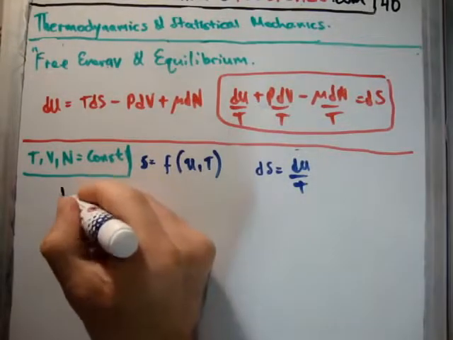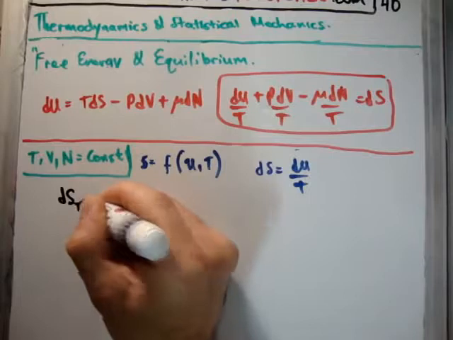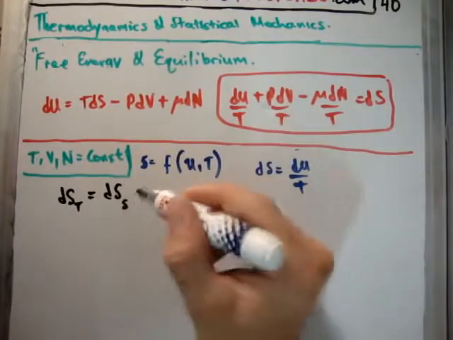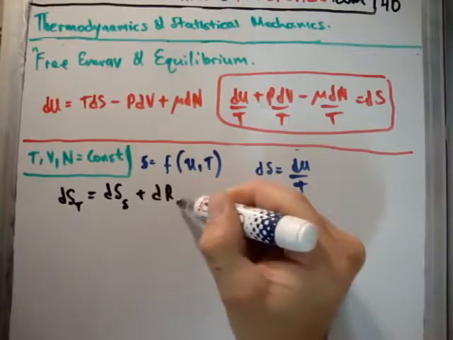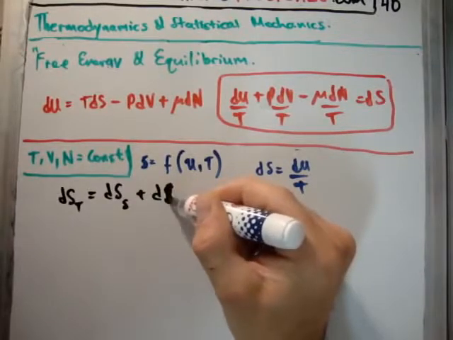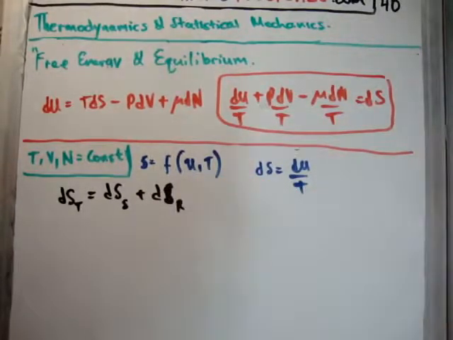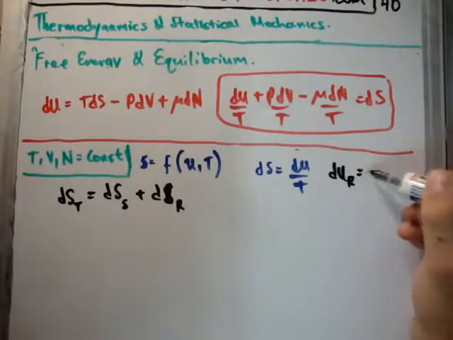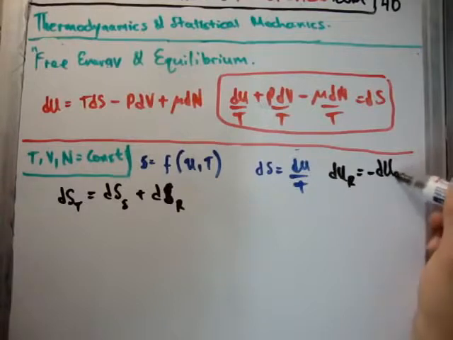Now, I said a moment ago that the change in the total entropy is the change in your system's entropy plus the change in your reservoir's entropy. We know that anything you change in the reservoir, we'll say the energy, is minus the change in your system because they're connected.